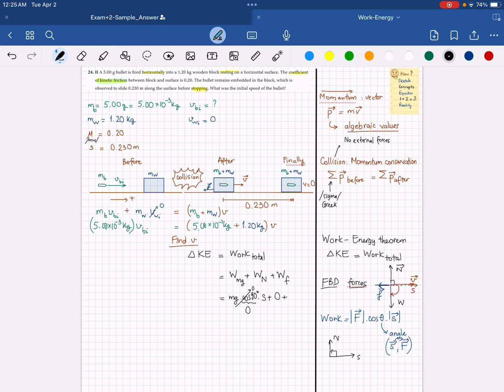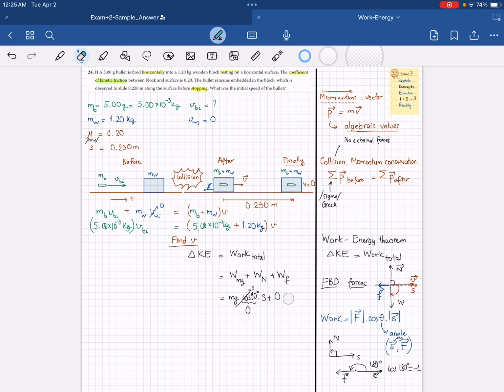And now what about friction? Friction is in the opposite direction. This is the displacement direction. So what is the angle from the displacement to this one? Yeah, it's 180 degrees. And cosine of 180 degrees is minus 1. So can we make it short here?